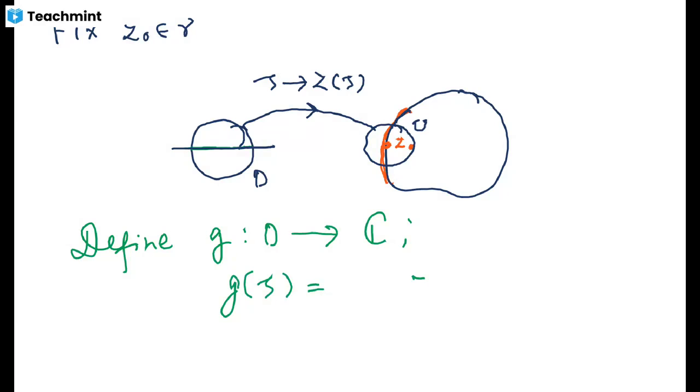You have zeta in this disk, and z of zeta has to be in this open neighborhood U. This is the conformal map, and it has to be defined on the one part, because of the relation between this U and D as discussed: U gets divided into two parts.